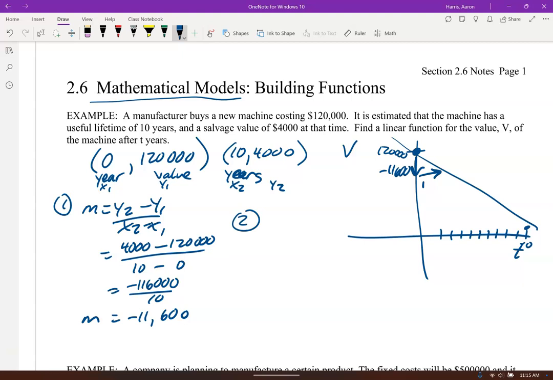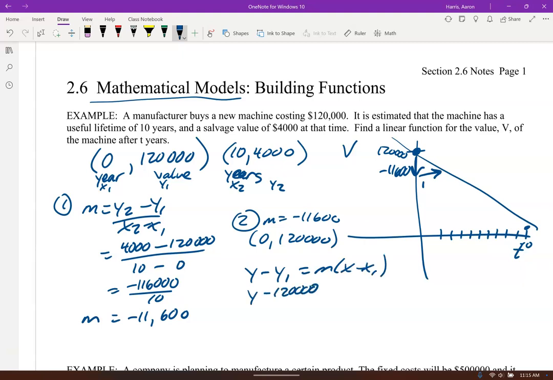Well, now that we have a slope and we have a point, let's use point slope form and write the equation. Let's add 120,000 to both sides.